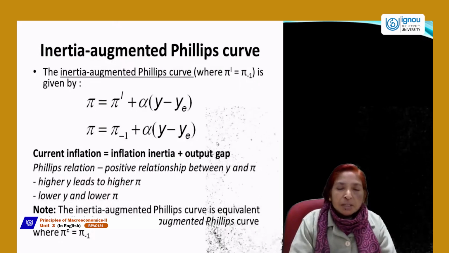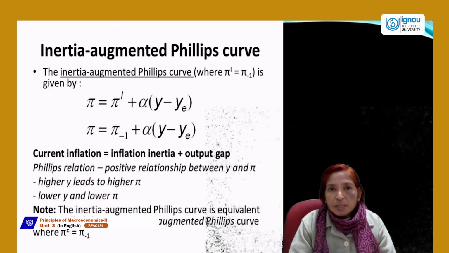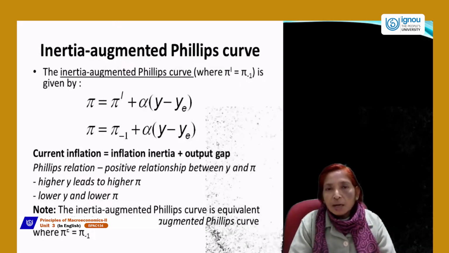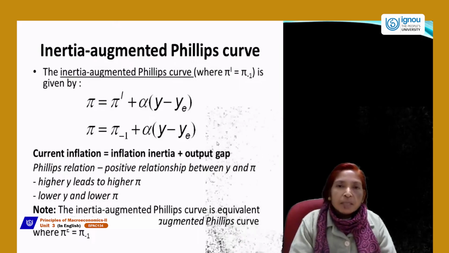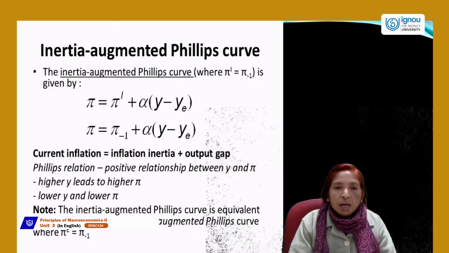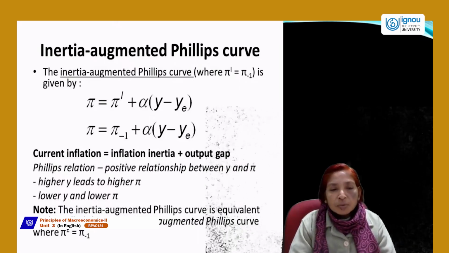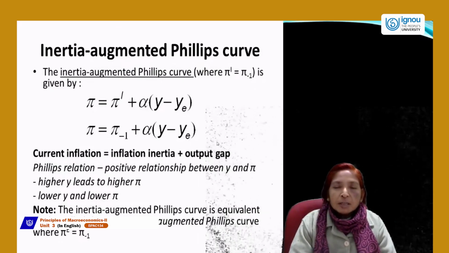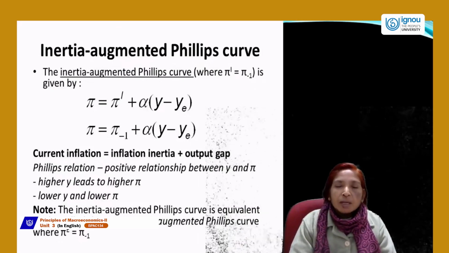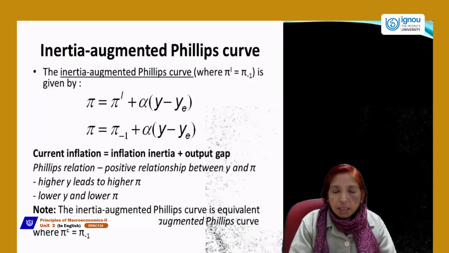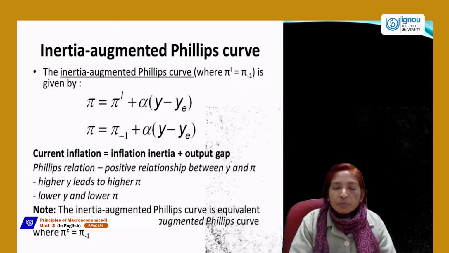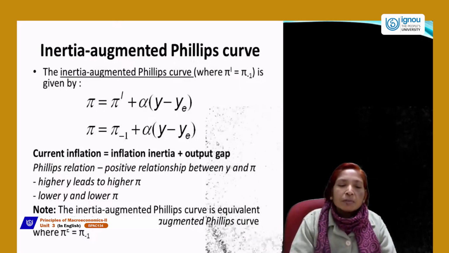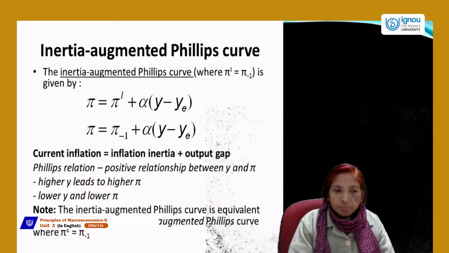So the Phillips relationship is a positive relationship between y, meaning output, and pi, meaning inflation. Higher output leads to higher inflation. If inflation increases, output level will also increase. And if inflation falls, then output level will also fall.